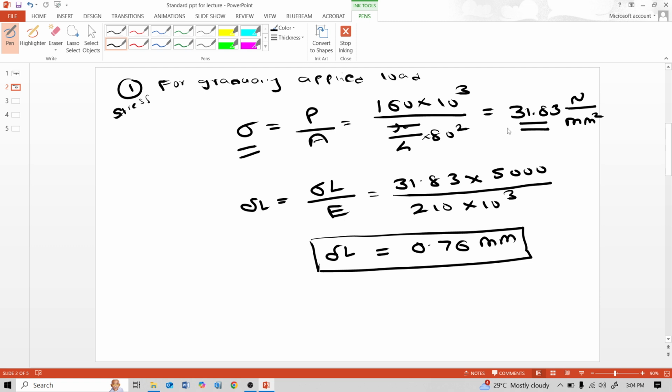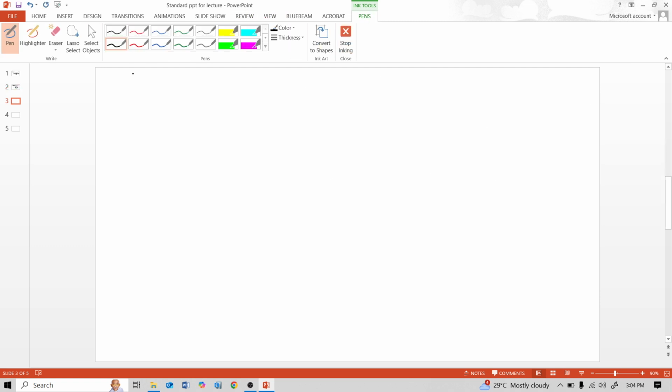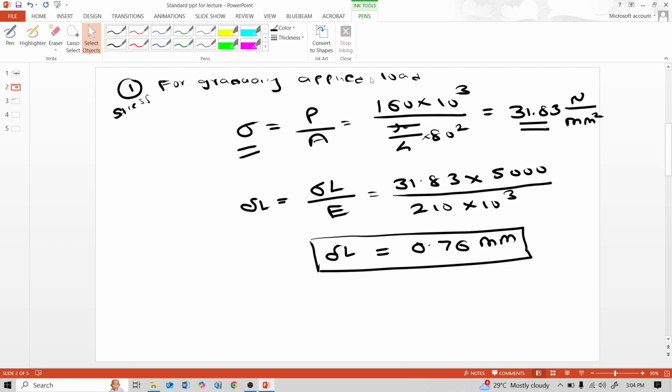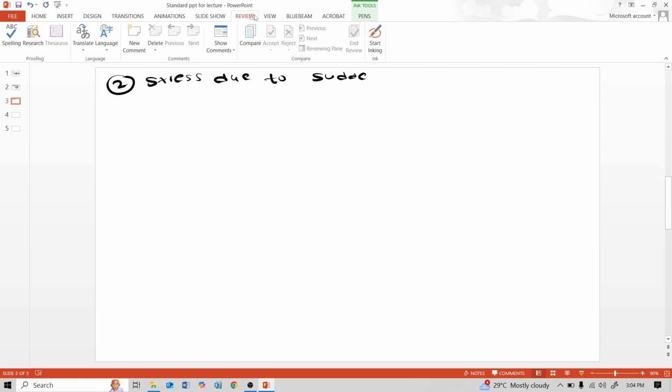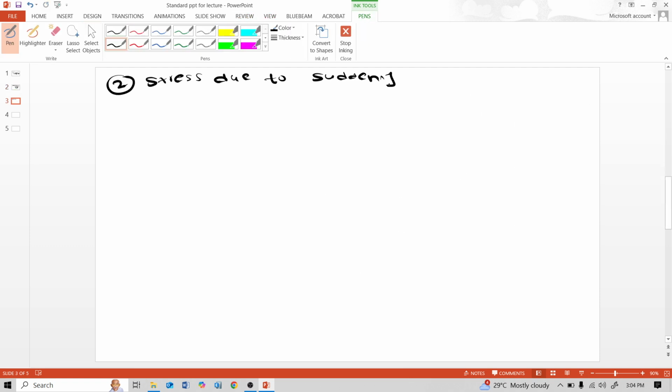Now next, suddenly applied load. I told you in our previous lectures what gradually applied load and suddenly applied load are. The stress due to suddenly applied load is 2 times that of gradually applied load.